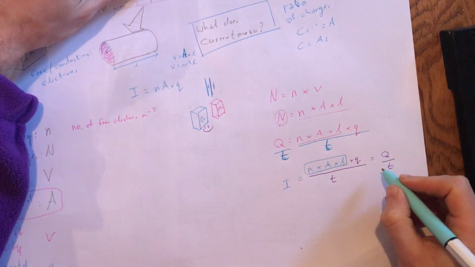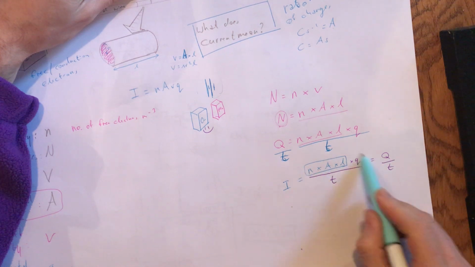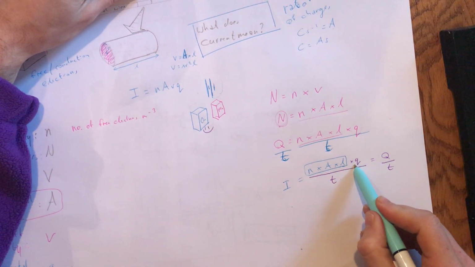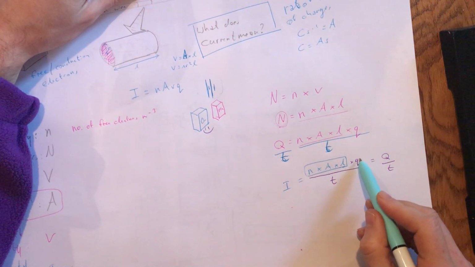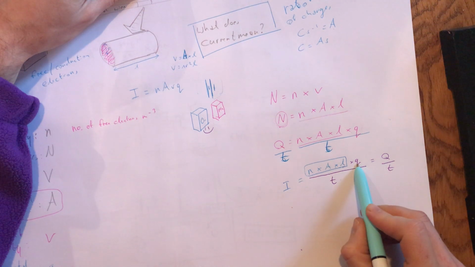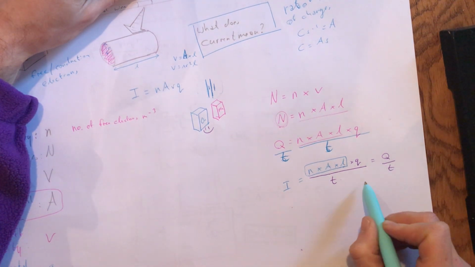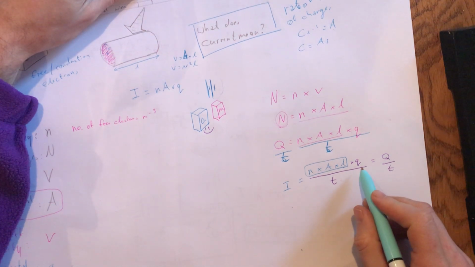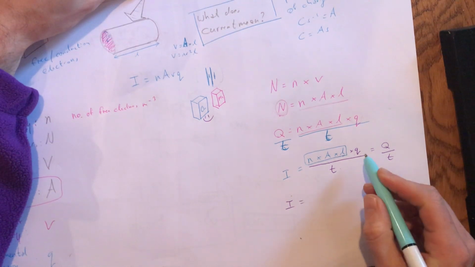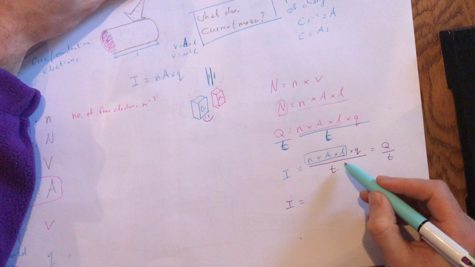So you can see here that all works. Current is the charge divided by time. Number of electrons multiplied by the fundamental charge to give me the total charge. So that's number of electrons multiplied by the charge of each electron to give me the total charge, and then divide by time. And of course, one way we can simplify this equation very nicely is that if I take distance and divide by time, then I get speed.